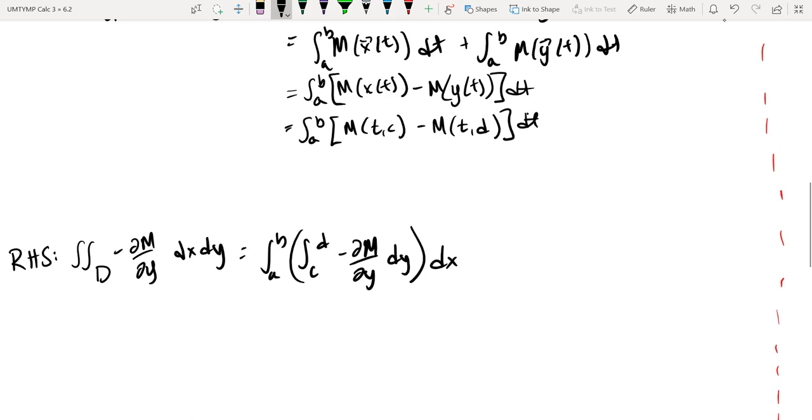Okay, and so then if I go ahead and evaluate this, a to b, and if I undo this, this is going to be negative M of x and y, and then we have to evaluate this from when y is equal to c to when y is equal to d, and then dx.